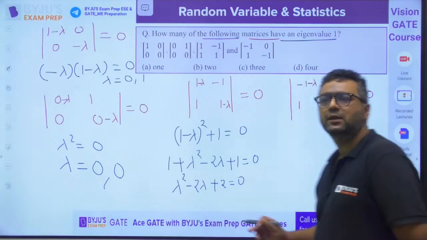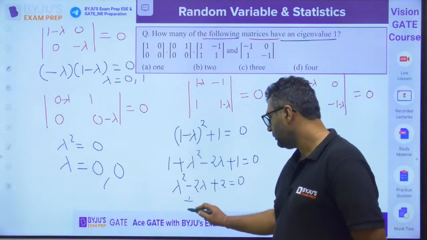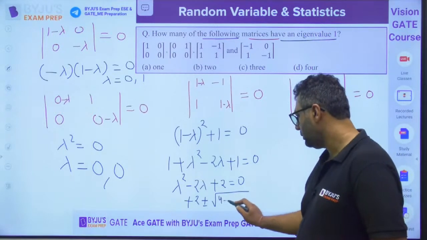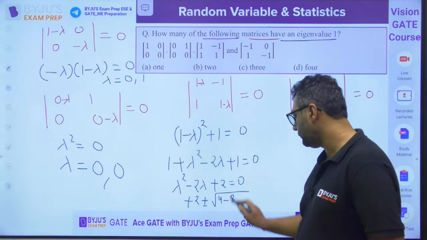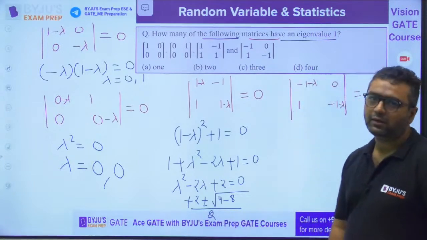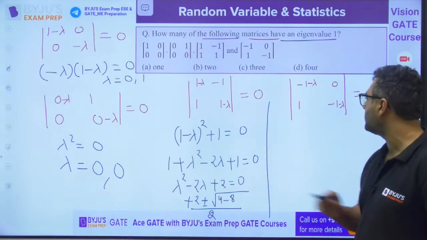What are the values we are getting here for lambda? Using b squared minus 4ac, divided by 2, you will get complex numbers. So this is not fulfilling our condition.